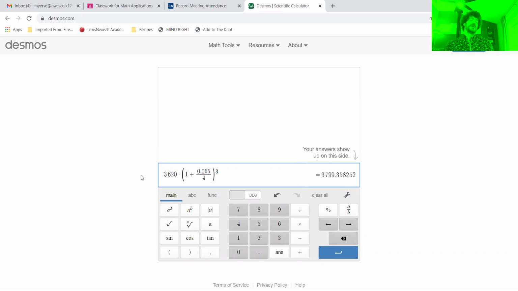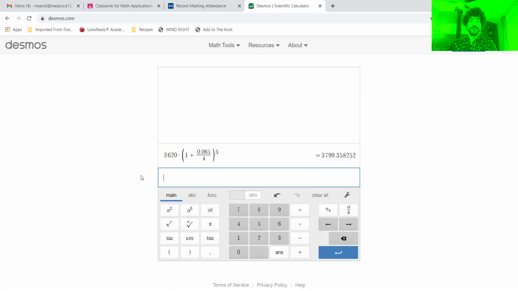So there we have it. We've got P times 1 plus r all to the third power, and all the numbers are typed in where they need to be, and we hit enter, and there's our answer, $3,799.36.